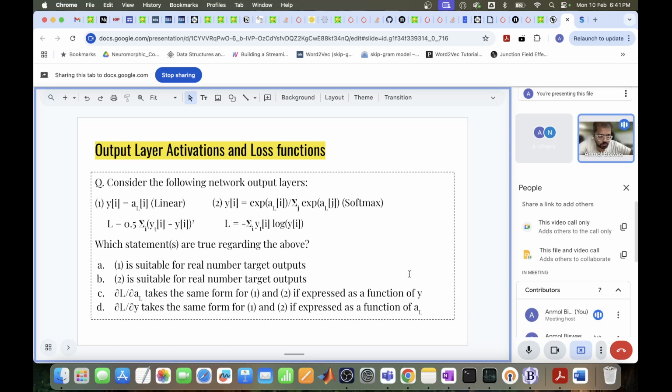So I think the first part, that is options A and B, are fairly straightforward. Option C and D, here is something a little bit tricky going on, which you can only appreciate if you actually perform the gradient differentiation step for both of these scenarios. Obviously, for option one, the gradient is very simple, right?